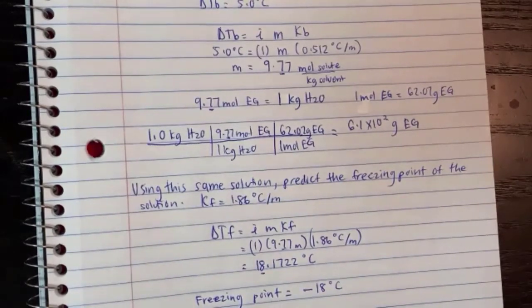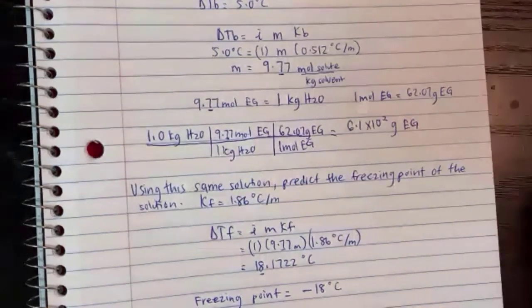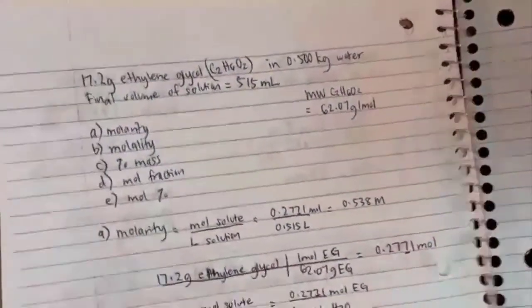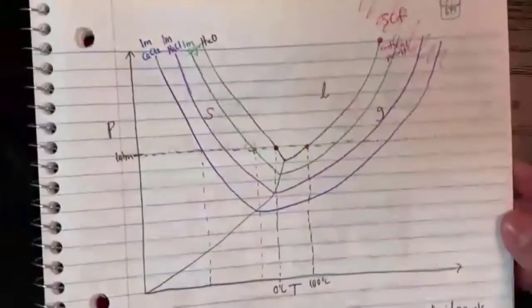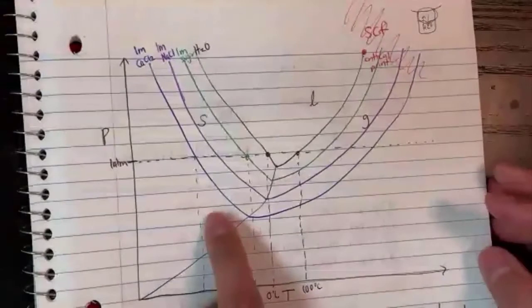Why does the freezing point change and become negative? What's the logic behind it? We talked about this in the class before this.